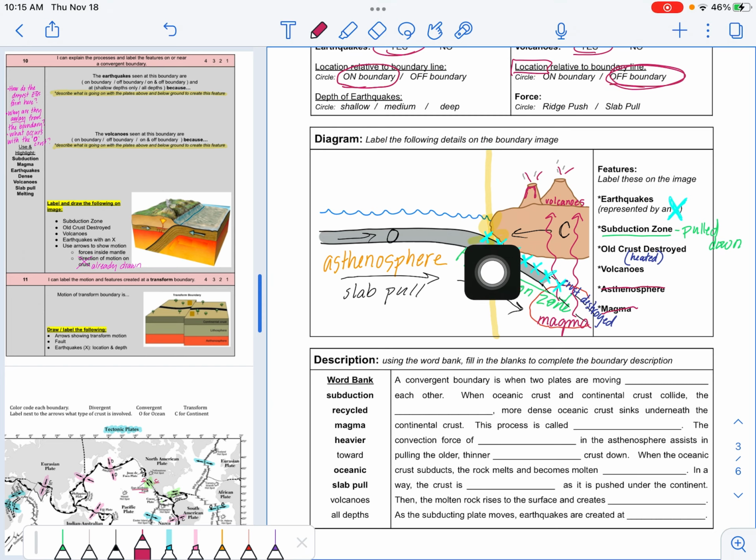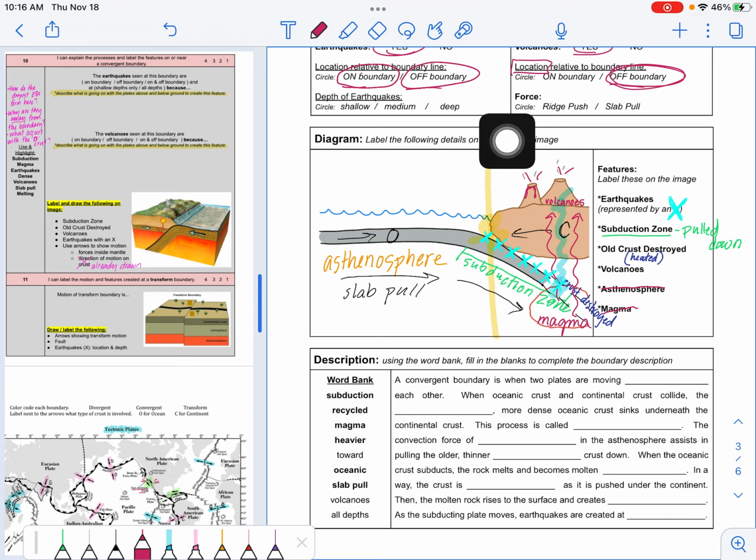However, that's not my only location, right? I do see, as we look further and further down the plate, when this earthquake occurs, it's going to radiate up to the surface, similar to the volcanoes. This is considered to be off the boundary. So I'm going to see earthquakes happening everywhere at this boundary, both on, in the middle, and farther away from that boundary line.